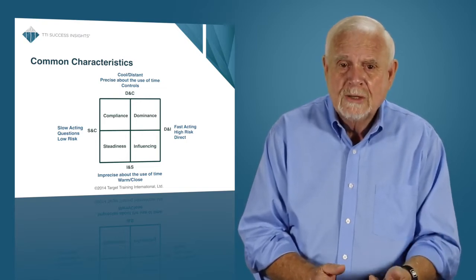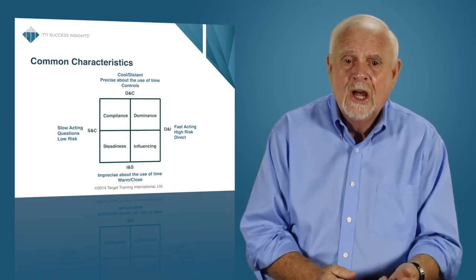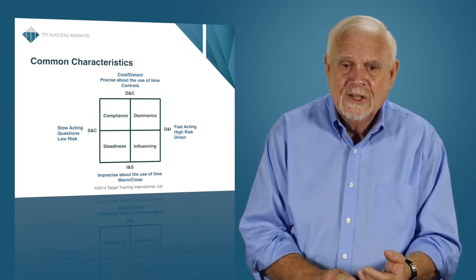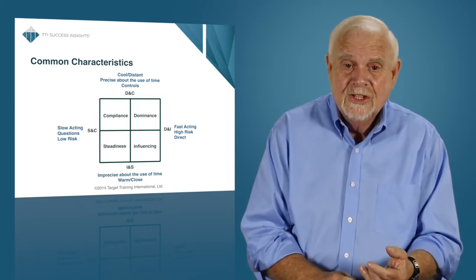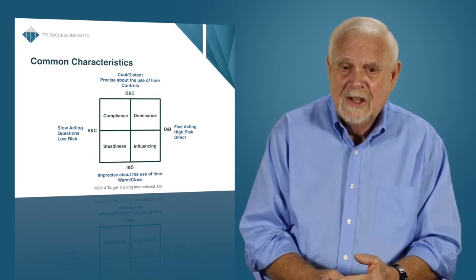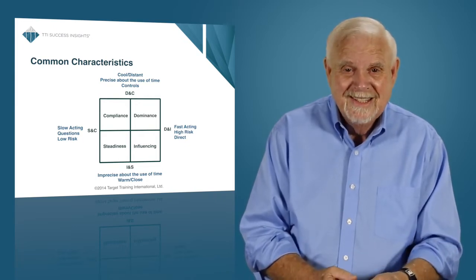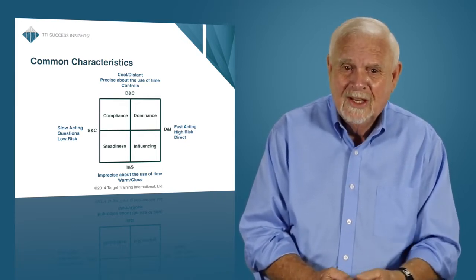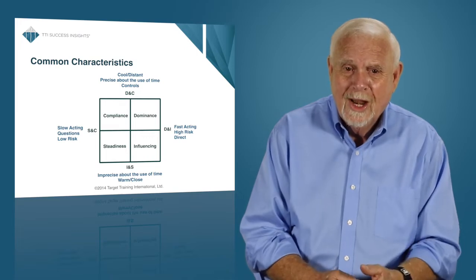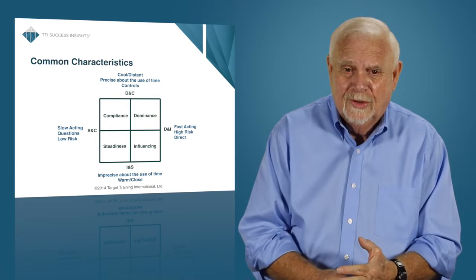They're also precise about the use of their time. So it's very important if you're calling upon a C or a D, you show up exactly on time. The C is actually prepared, working right up to the minute that you're coming, and he does not want to be interrupted early or late. The D, the same thing, does not want to be interrupted early or late, but is precise about the use of their time for different reasons.